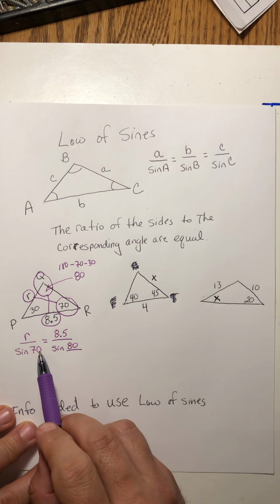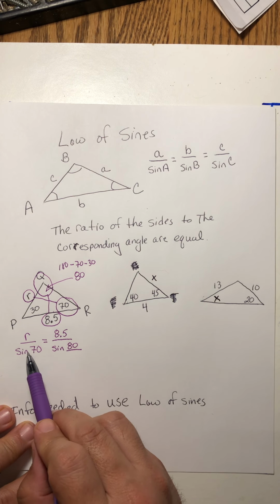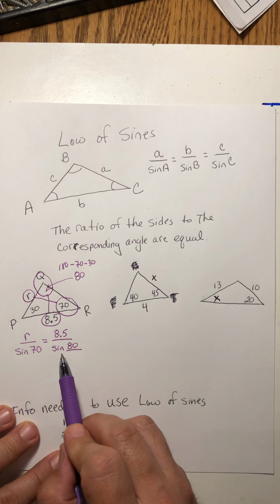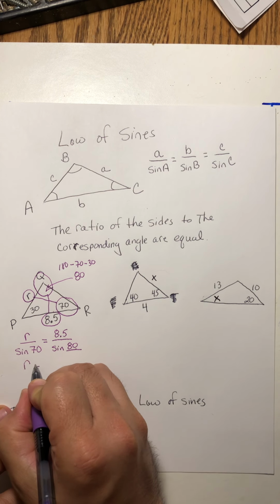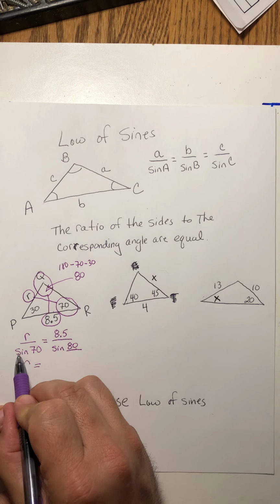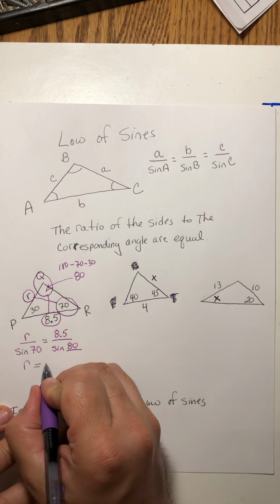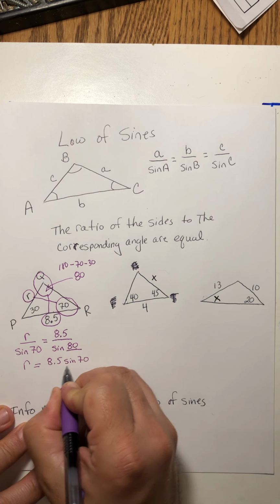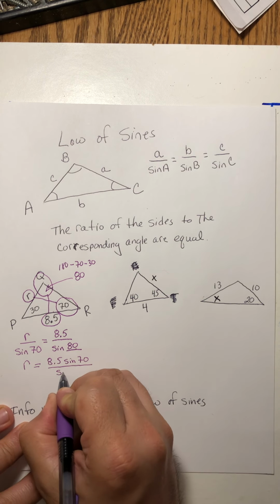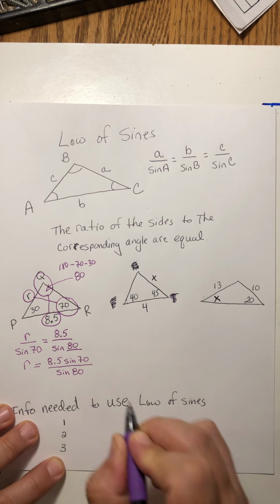All I have to do in my calculator is multiply these two and divide by the sine of 80. So I'm going to cross multiply, or multiply both sides by the sine of 70. So I'm going to put 8.5 sine of 70 divided by sine of 80.